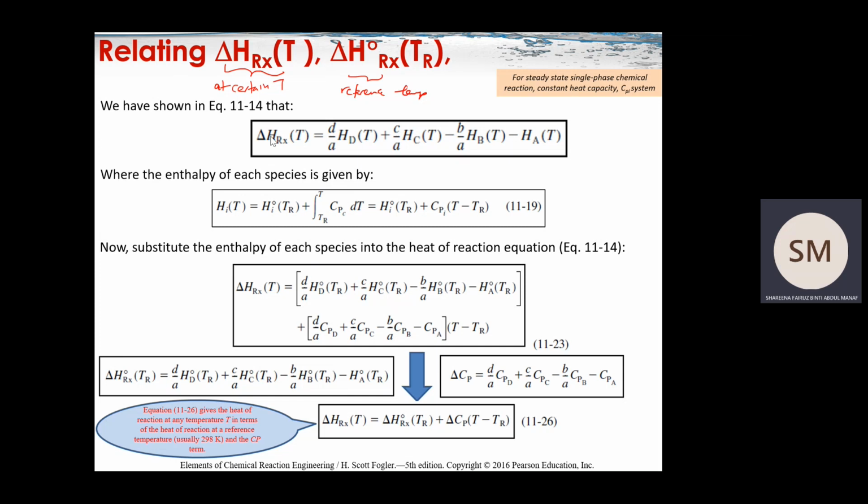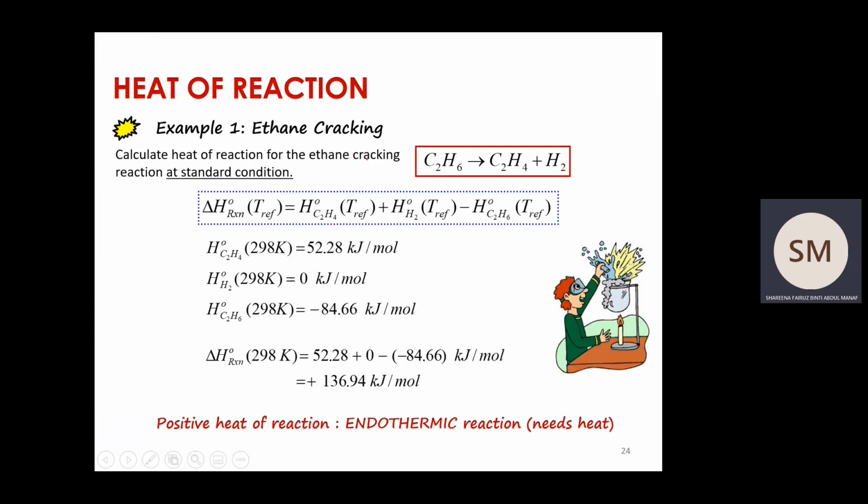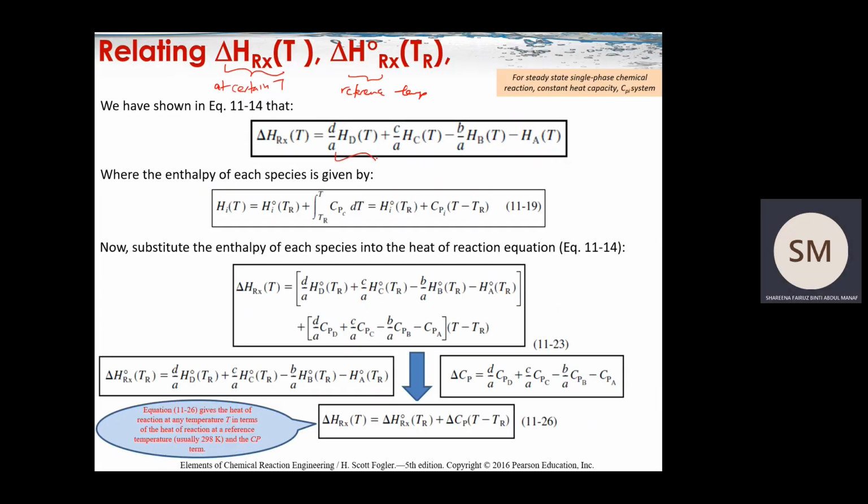So delta H Rx(T) is equal to the enthalpy of the product minus the reactant. Make sure you multiply by the stoichiometric coefficient. The enthalpy of each species is given by Hi(T) equal to Hi(Tr) plus this term, which I already mentioned to you.